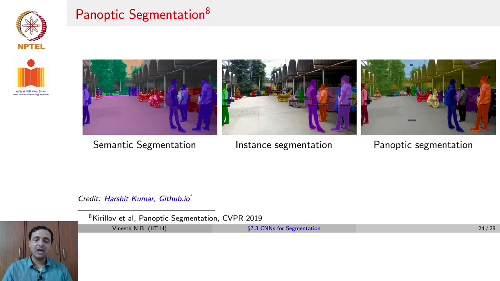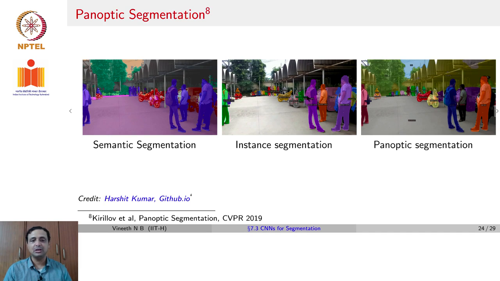A last and more recent form of segmentation that is popular is known as panoptic segmentation. Panoptic segmentation combines semantic segmentation and instance segmentation. So semantic segmentation, as you can see, is where you segment the pixels of all objects, but all instances remain the same.